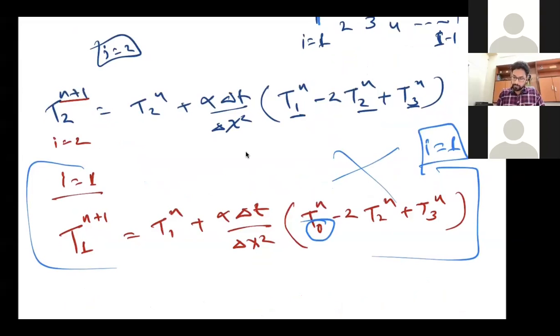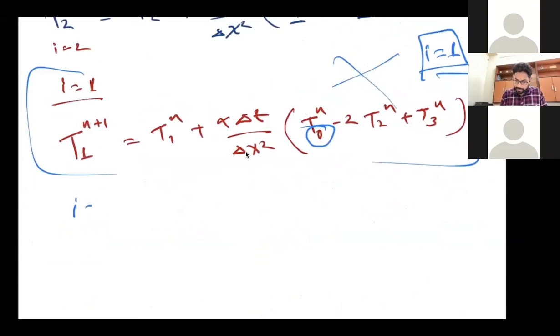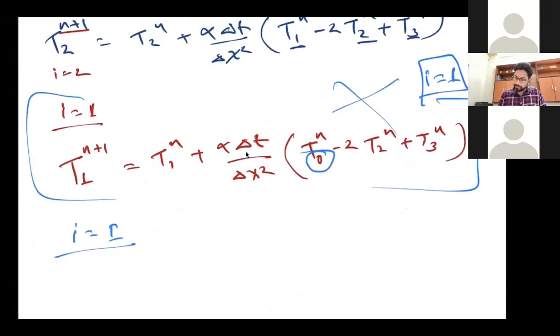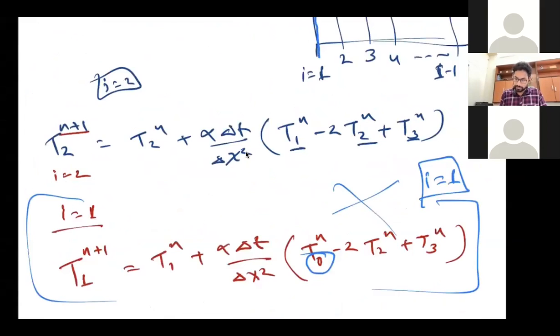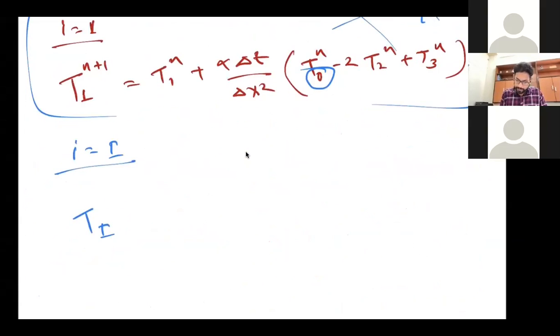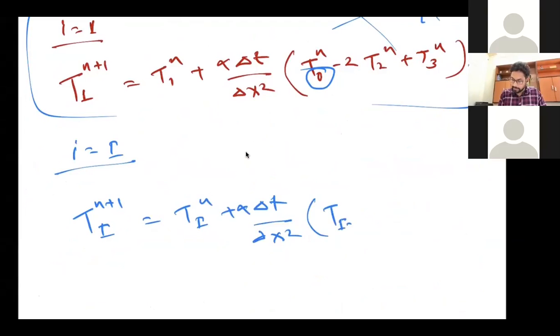Likewise, when I is equal to capital I, at the right side term, that also doesn't work. Why? Because if we want to write it for the T capital I term, we have T capital I n plus alpha delta T by delta x square. This one will work fine, that I minus 1 n minus 2 TI n plus TI plus 1 n, right?